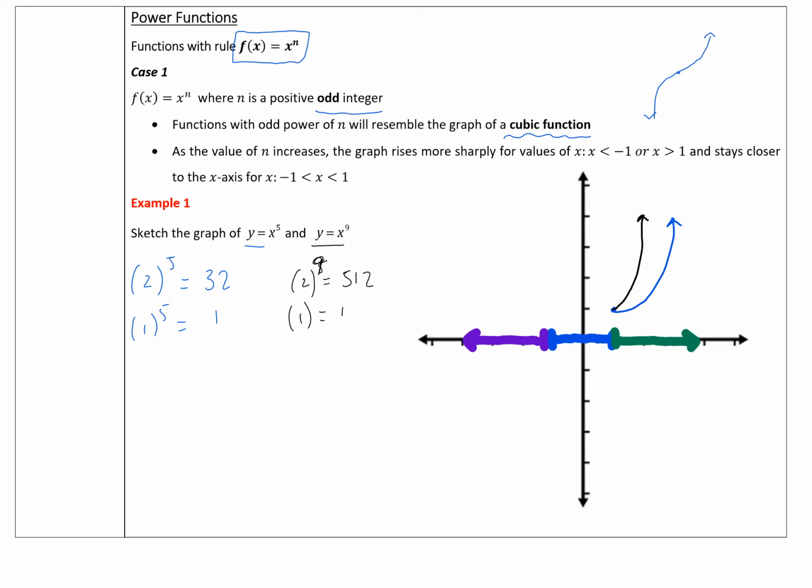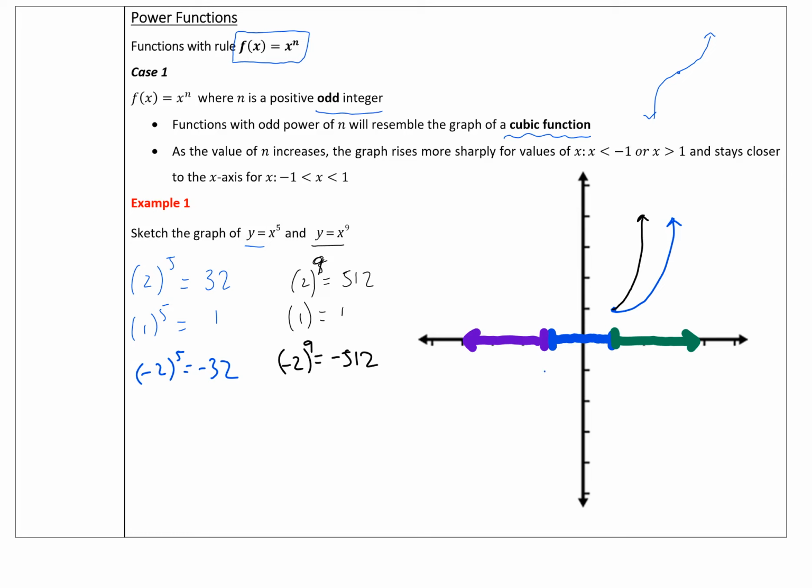I know that as this extends, it's not going to be as rapid an extension as x to the power of 9. This works also when we sub in negative values. If I subbed in -2, well, -2 to the power of 9 is -512. -2 to the power of 5 is only -32.